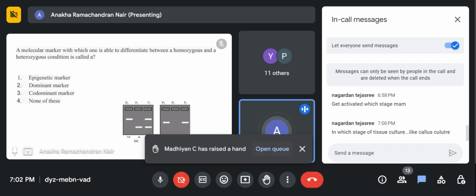This question is: a molecular marker with which one is able to differentiate between a homozygous and a heterozygous condition. Epigenetic marker, dominant marker, codominant marker, or none of these.